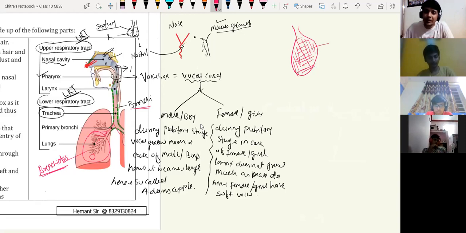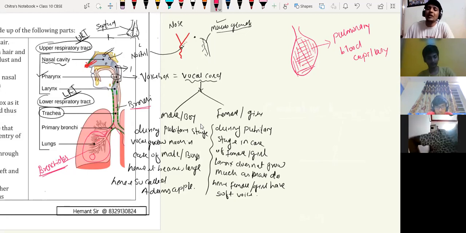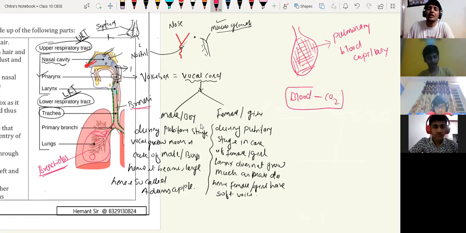These blood capillaries are called pulmonary blood capillaries. These blood capillaries contain blood along with carbon dioxide gas. That's why it is called deoxygenated blood.